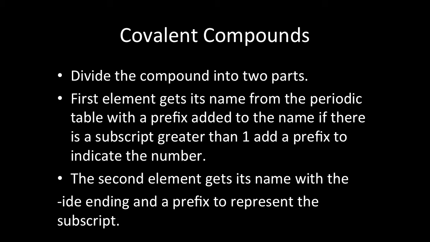However, with the first element, I will only add a prefix in front of the element's name if it has a subscript of 2 or larger. The second element in my binary covalent compound will get its name from the periodic table, but I'm going to substitute its ending with a new one, IDE. And I'm going to always add a prefix to represent the subscript. Let's practice.